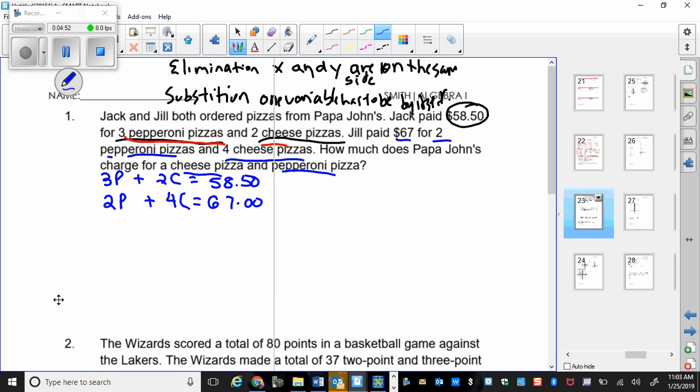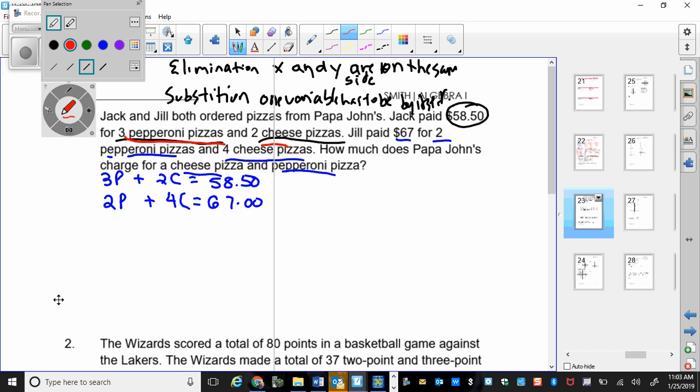Now, we have to decide what we want to eliminate. Do we want to eliminate the P variable or the C variable? And let's choose the P variable. So the conditions that we need to start elimination: we need the P variable to have the same coefficient. So remember before I told you, when you want to eliminate something, you take those coefficients and you multiply on the opposite term.